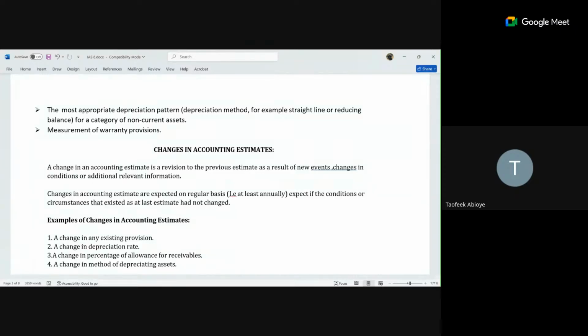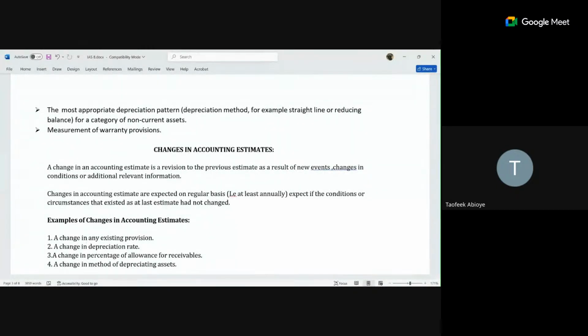We see what the present condition of this particular asset is as at this year, and determine its useful life. If we say an asset is going to be used for 5 years, and at the end of the 4th year the asset still looks like a very new asset, with not so much wear and tear, which shows that in the next 1 year this asset cannot be written off, so the asset is in such good condition that we can still use it for more than the remaining useful life we have in our books.